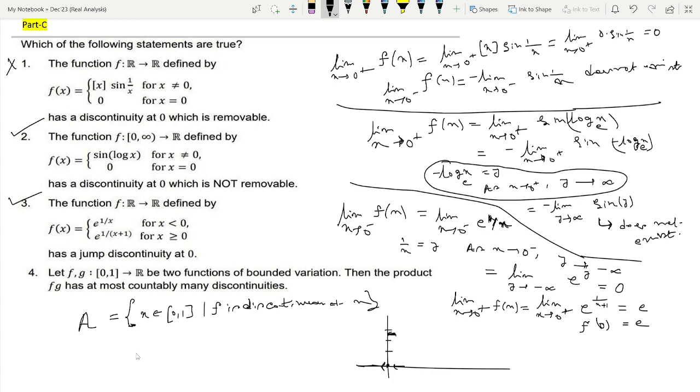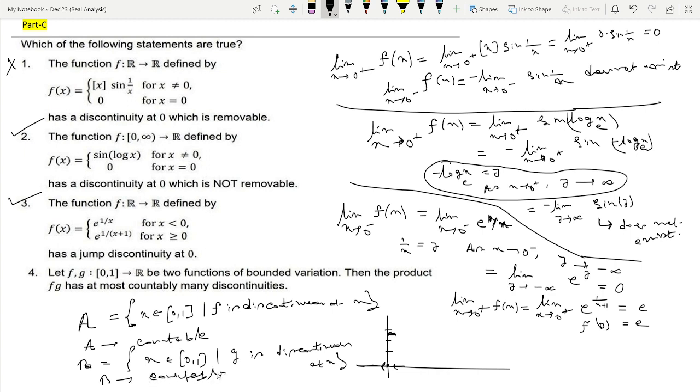So now by that result, this A is a countable set. And suppose B is the set of all x belonging to 0, 1 such that g is discontinuous at x, then also by that result B is countable.